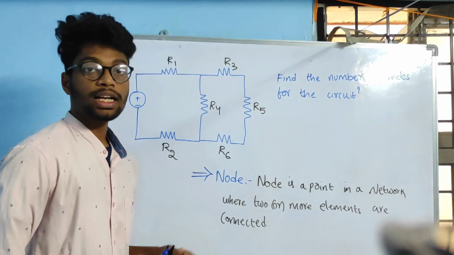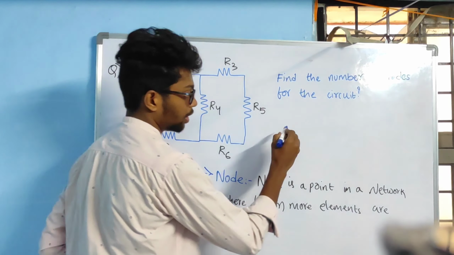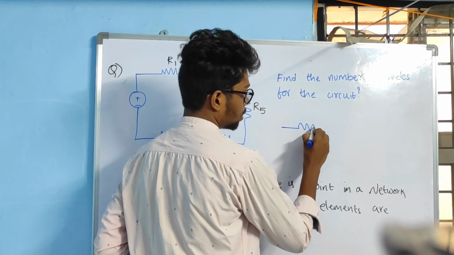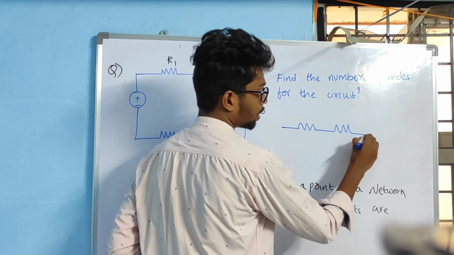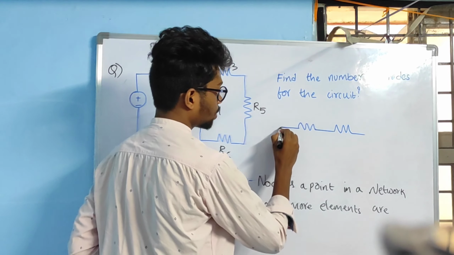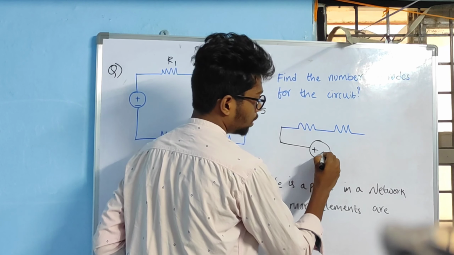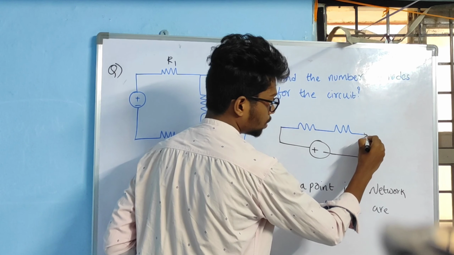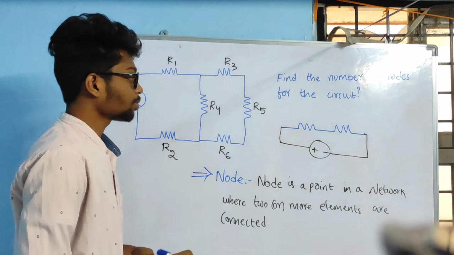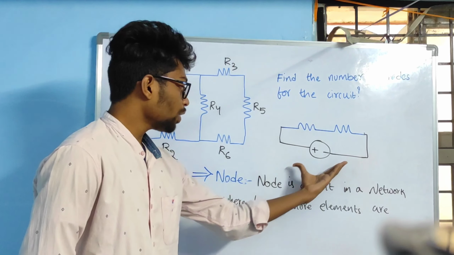Friends, for better understanding, I am taking a simple circuit diagram over here. Two resistors are connected in series and I am connecting a voltage source across the two series resistances.